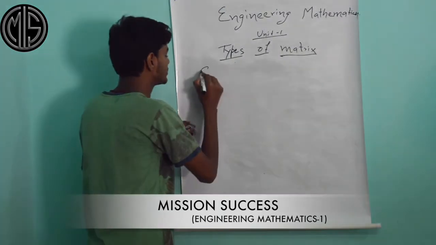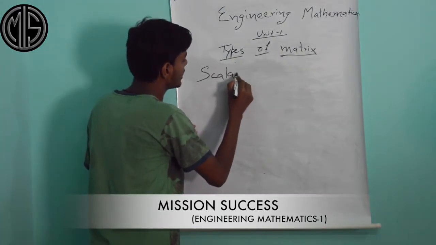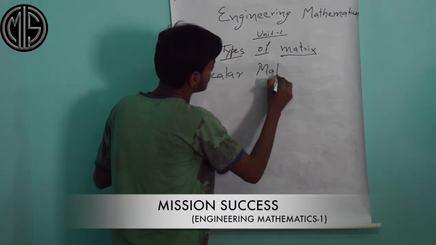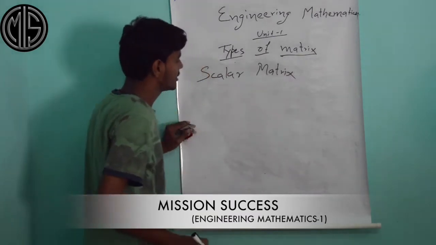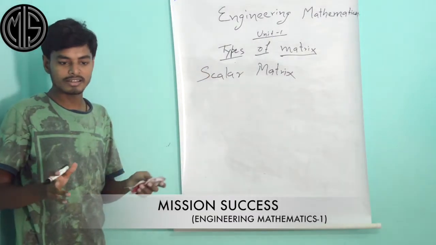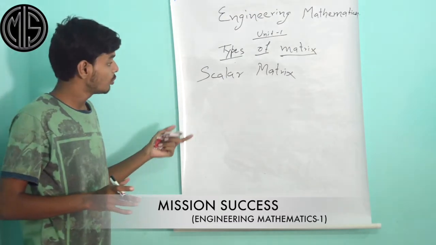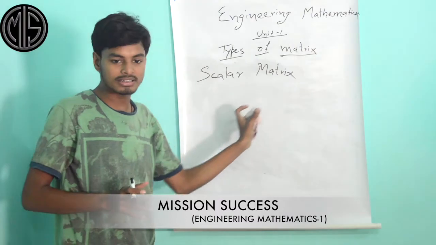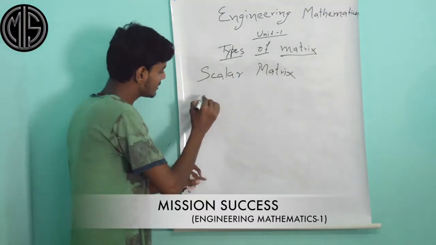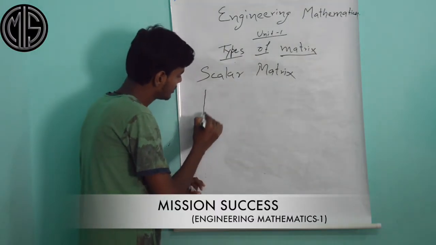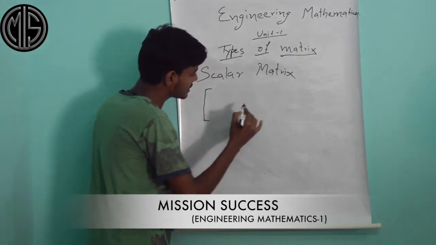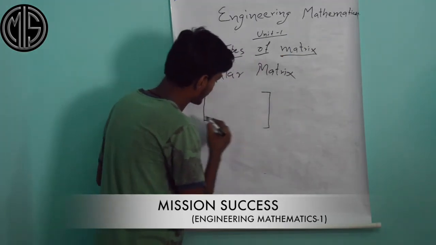A scalar matrix. A scalar matrix is also a diagonal matrix. But what is the difference between a diagonal matrix and a scalar matrix? In a scalar matrix, the elements which are present diagonally are the same.